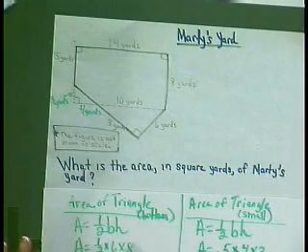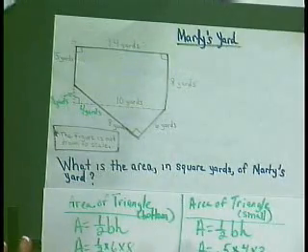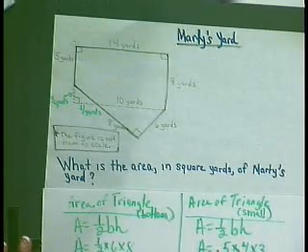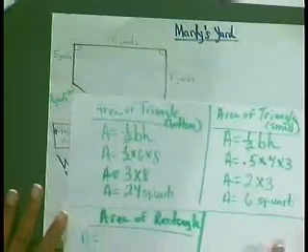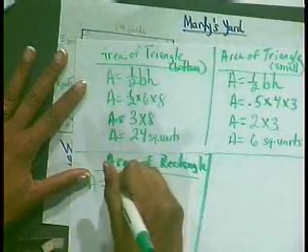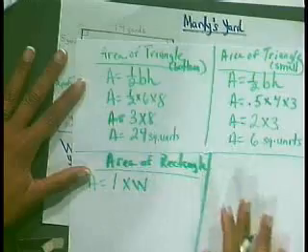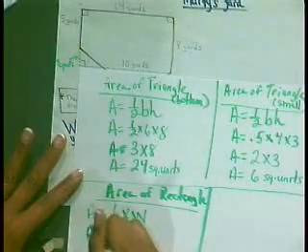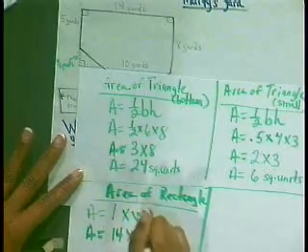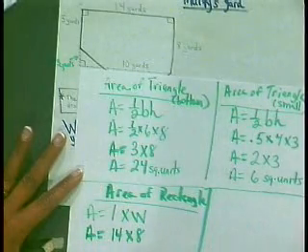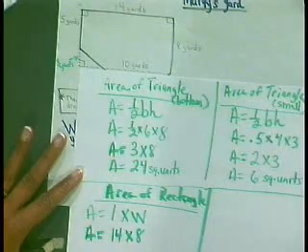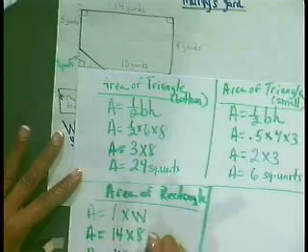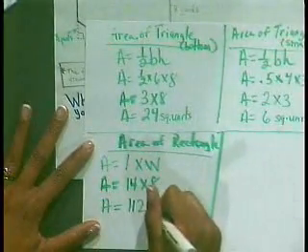So we substitute in, we get 14 times 8, and when we multiply it out, 14 times 8 gives us 112. And again, it's going to be square units.